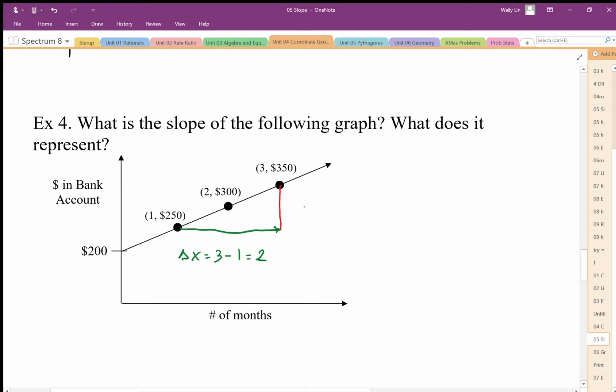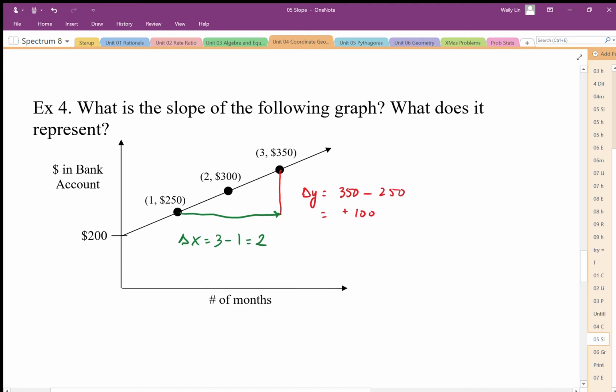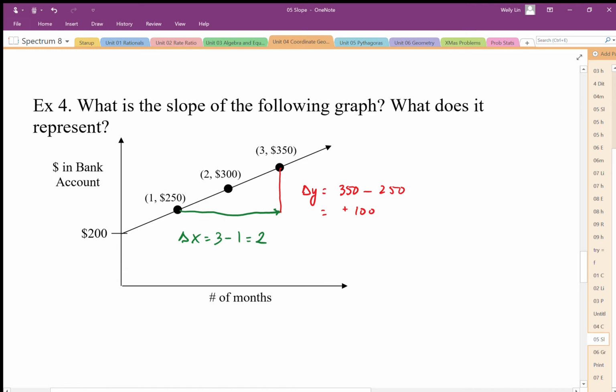And my rise is going to be my change in y. So I'm going to end off at 350. I started at 250. So then I gained $100. Okay, so that's going to be my rise. So my rise and run ratio, my change in y over change in x.